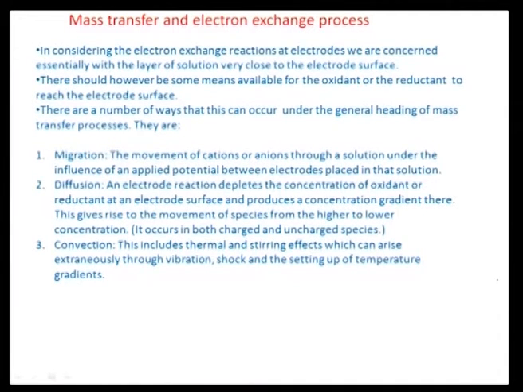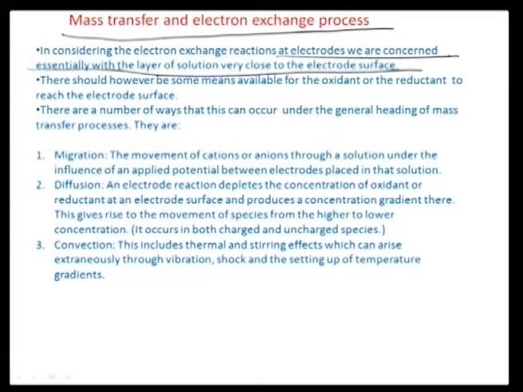So let us look at some aspects of mass transfer and the electron exchange process involved therein. In considering the electron exchange reaction at the electrodes, we are concerned essentially with the layer of solution very close to the electrode surface, as you have just seen and modeled, and there should be some means available for the oxidant or the reductant to reach the electrode surface.